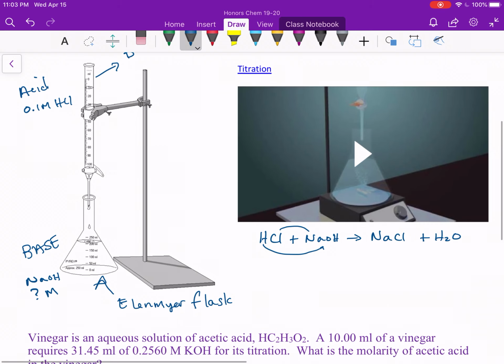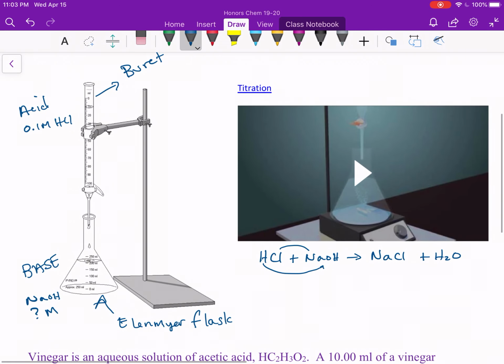Now, in order for the titration to work, we need to know exactly how much of the base we put in there, right? And so we need to know what volume we put in there. And so based on this, let's just say we put in 200 milliliters of our NaOH. And that's important for us to know, but we can measure that in the laboratory. We actually put it in there, so that's okay.